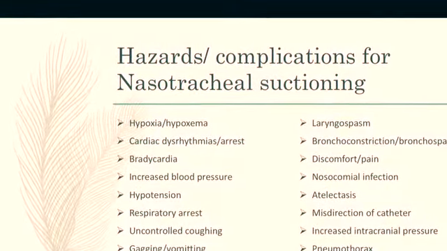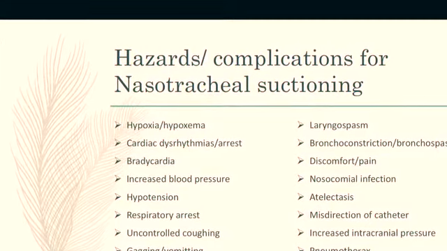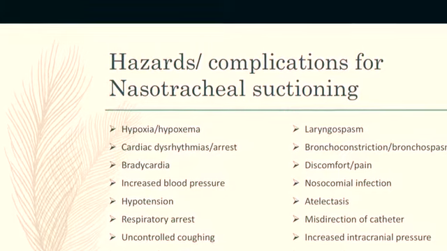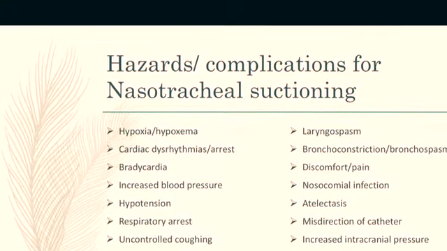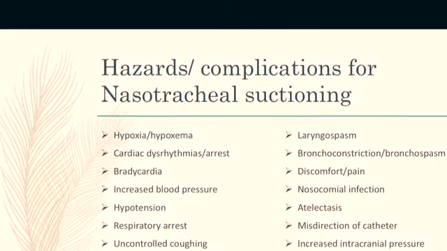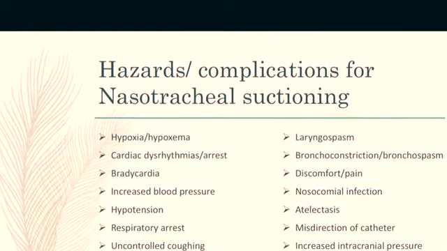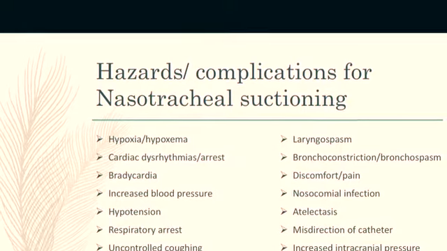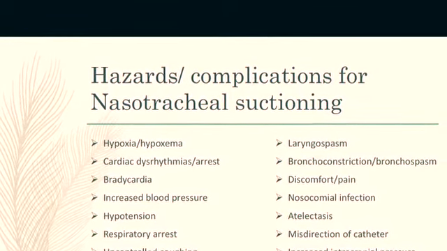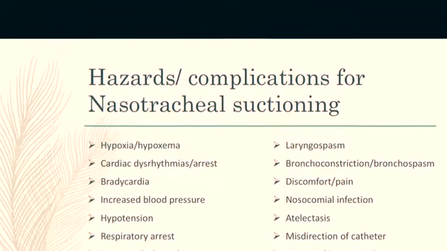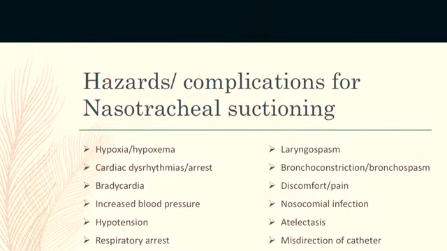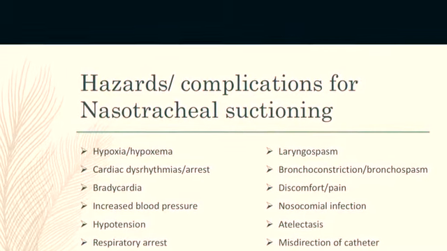Hazards and complications for nasotracheal suctioning: hypoxia, hypoxemia, cardiac arrhythmias, arrest, bradycardia, increased BP, hypotension, respiratory arrest, uncontrolled coughing, gagging or vomiting, laryngospasm, bronchoconstriction, bronchospasm, discomfort, pain, nosocomial infection, atelectasis, misdirection of catheter, increased intracranial pressure, pneumothorax.